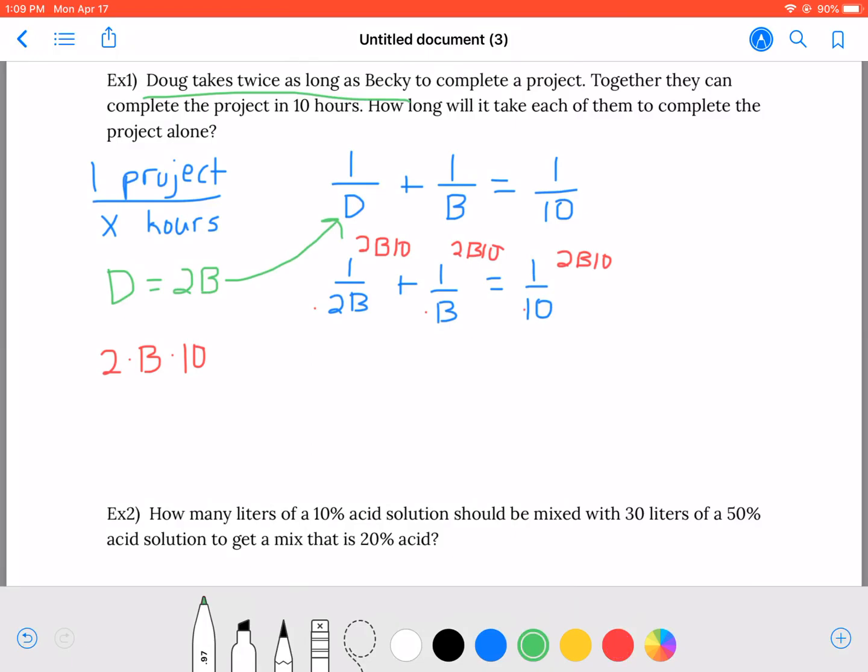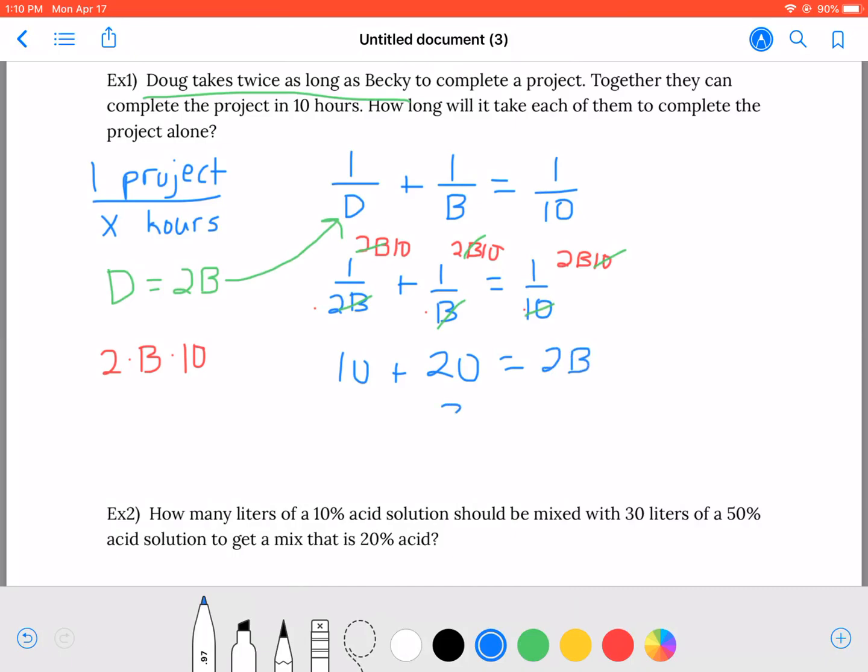So now let's cancel some stuff out. Here the 2 and the b will cancel, and I'm left with 10 times 1, which is 10. Here I have just a b that cancels, so I'm left with a 2 times a 10 times a 1, so that's 20. And then here I have a 10 that cancels, so I'm left with a 2 and a b.